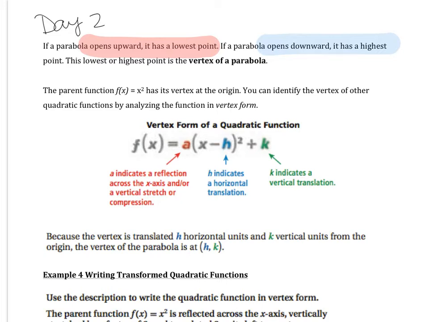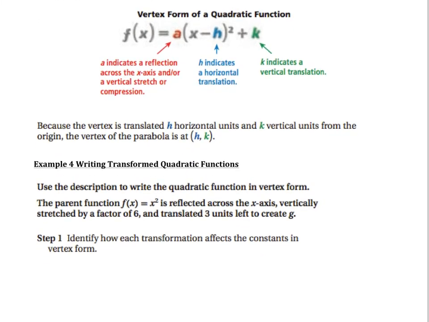If it's a number, then it will tell us if it's a vertical stretch or a compression. The h is that horizontal translation, remember, right or left, and the k indicates our up and down. So that means in this form, (h, k) is our vertex.